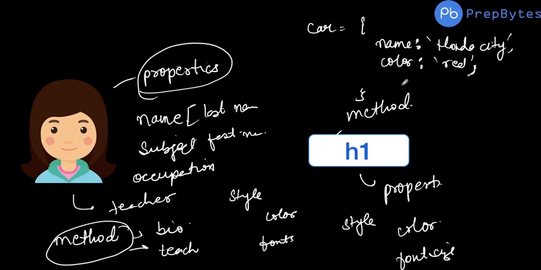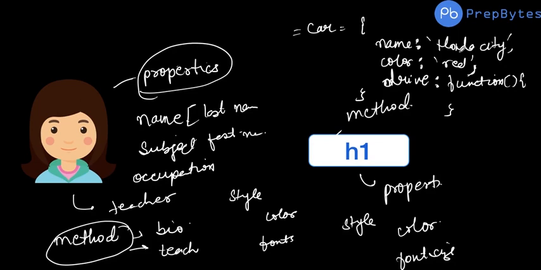Now let's say there is a method. The method will be drive, and it will have a function with a simple console.log. For now we will not be creating objects. Creating objects we will see in detail later. I'm just telling you that these objects are created already for you. You just have to know how to use them.